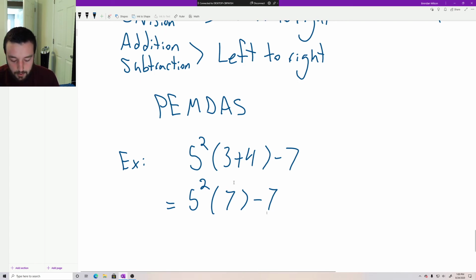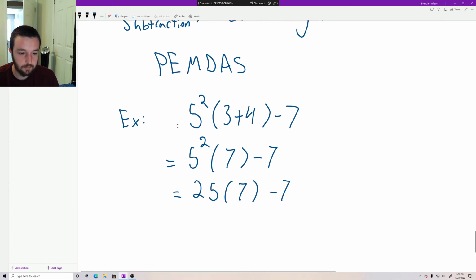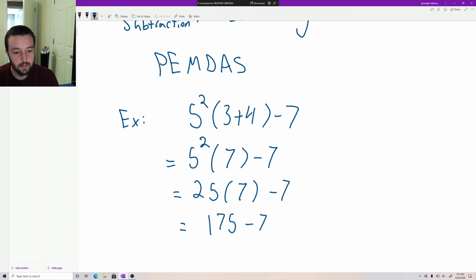Now we have an exponent, multiplication, and subtraction. So from our acronym, the exponent comes first. So 5 squared is 25 times 7. Okay. Now we have multiplication and subtraction. So multiplication from our acronym comes before subtraction. So we do 25 times 7, which is what, 175, I believe, minus 7.